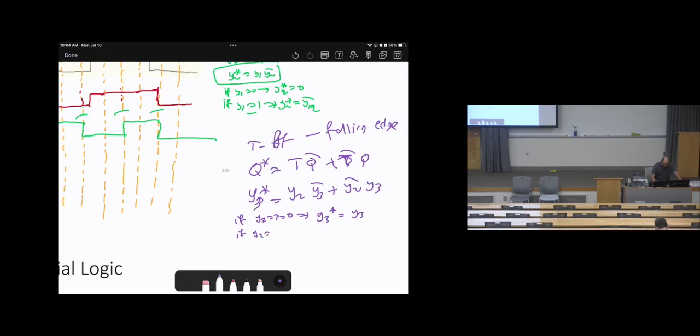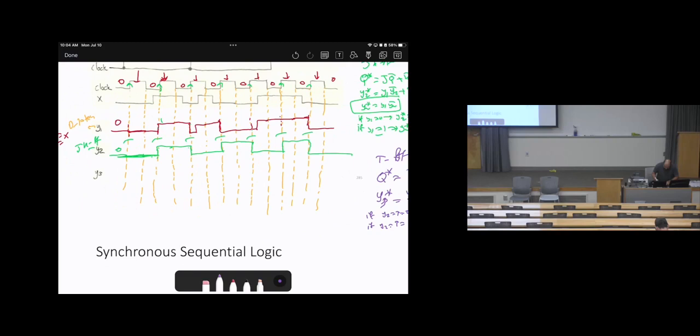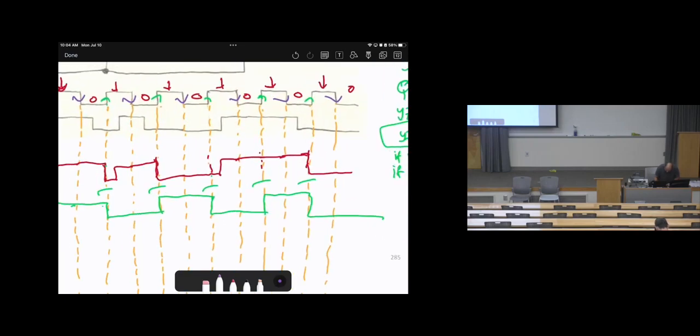If Y2, or T, equals 1, this will make Y3 star equal to Y3 bar. So in other words, if it is 0, then keep it as is. If it is 1, then flip it. Keep in mind the updates happen here at the falling edge. So here is falling edge, falling edge, falling edge, falling edge, falling edge, falling edge, and falling edge here.